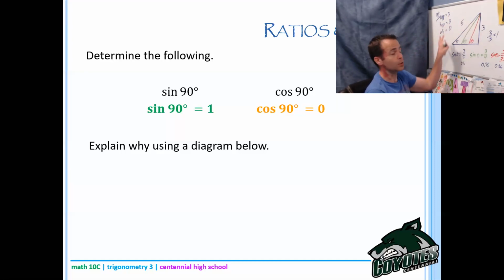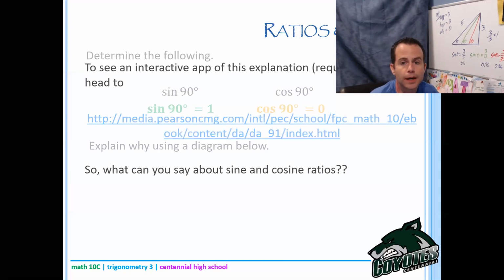And this whole explanation is the same explanation for why the cos of 90 is 0, because the adjacent, when I hit that 90 degrees, is 0. 0 divided by the hypotenuse, 0 divided by anything, is 0. So that's the diagram that I want you comfortable with.